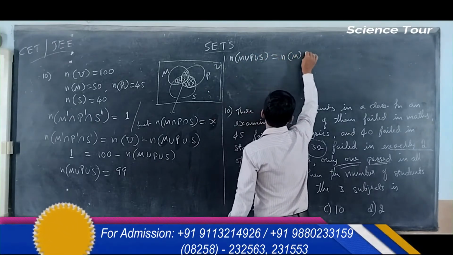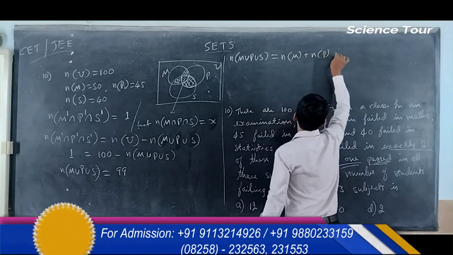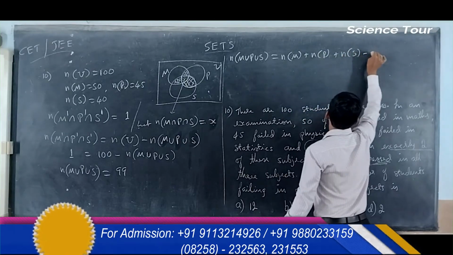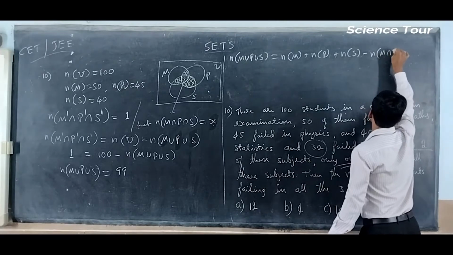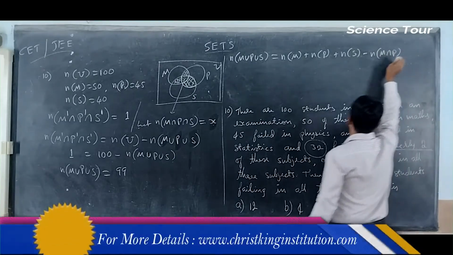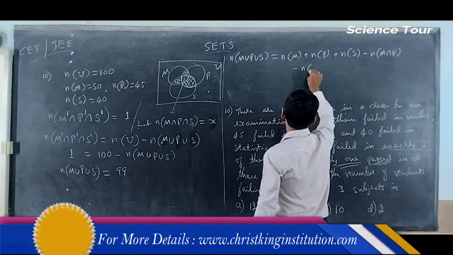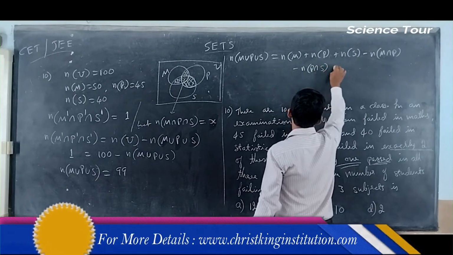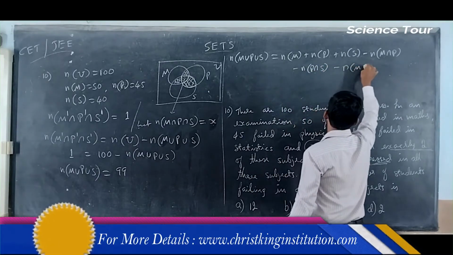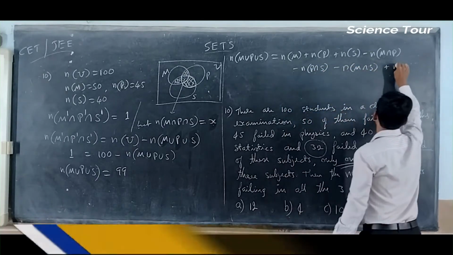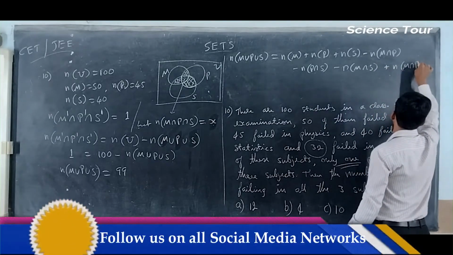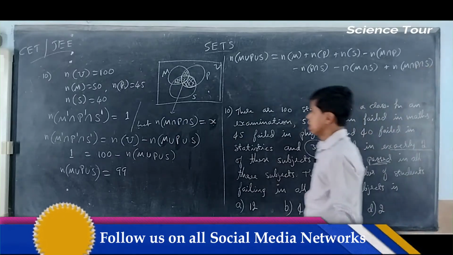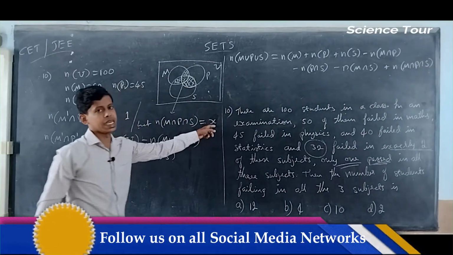N of M plus N of P plus N of S minus N of M intersection P minus N of P intersection S minus N of M intersection S plus N of M intersection P intersection S, and that is x.